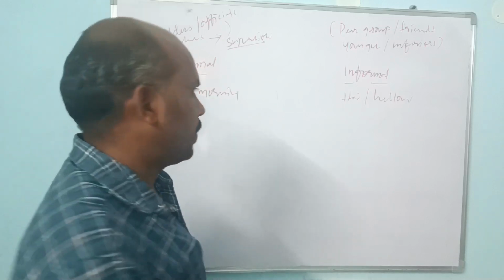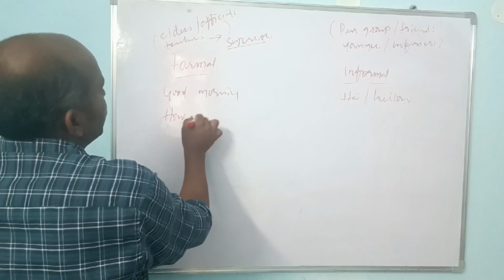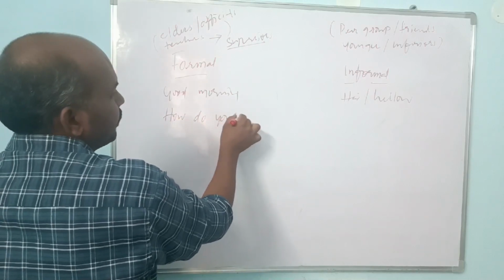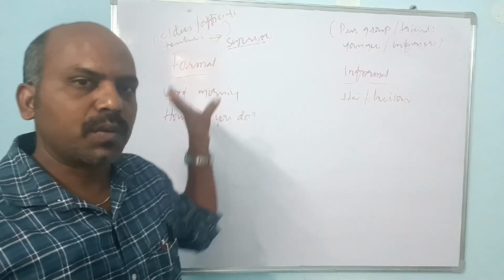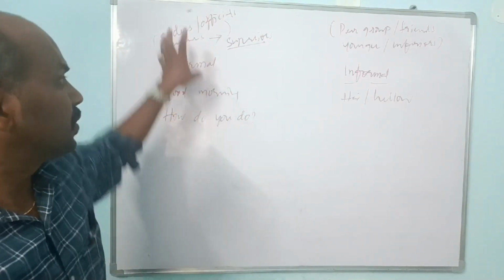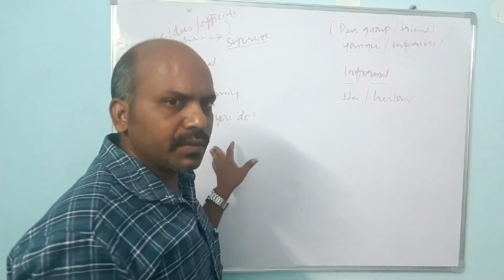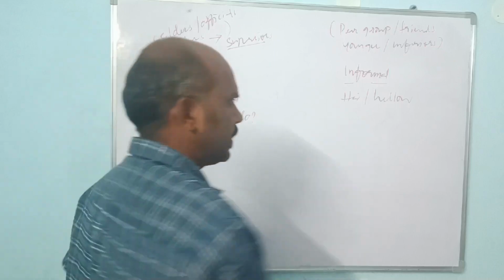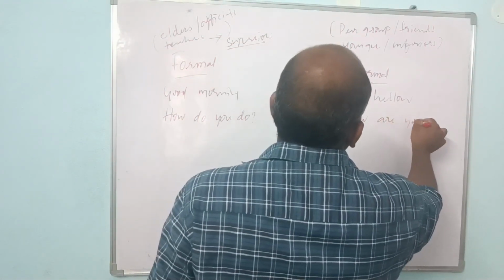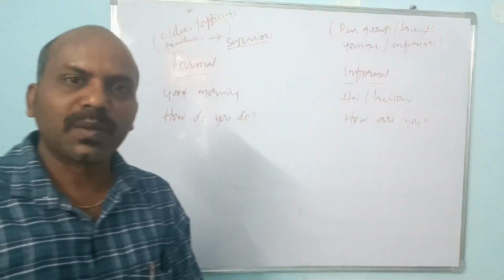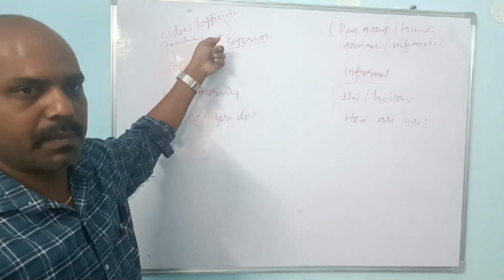What is the next step? After greeting, we ask, how do you do? How do you do is formal language to ask this particular group of people. Whereas informal, with the same meaning, is how are you? How are you is for them, how do you do is for these people.